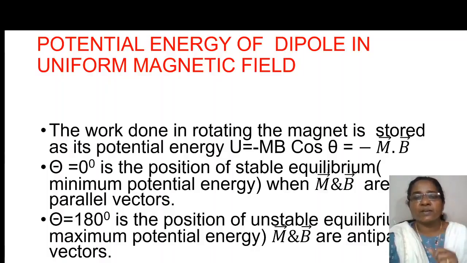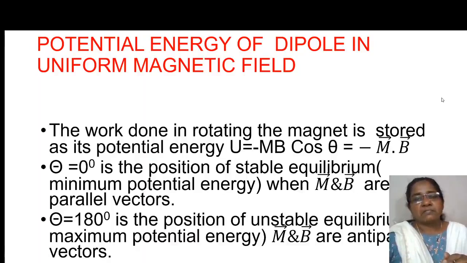That is the stable equilibrium. So, what is stable equilibrium? If you disturb the magnet a little, it will come back to its same position very quickly. That is the stable equilibrium position. Its angle will only decrease.